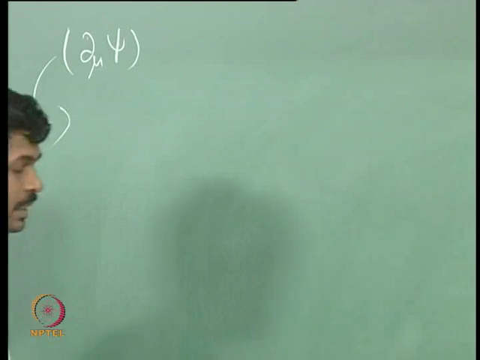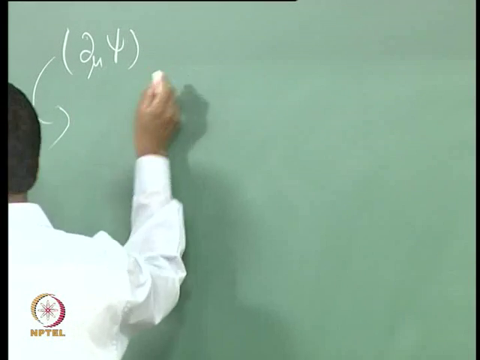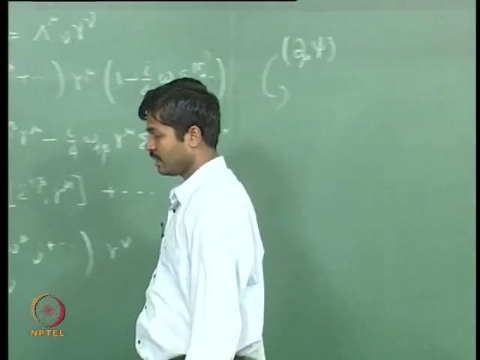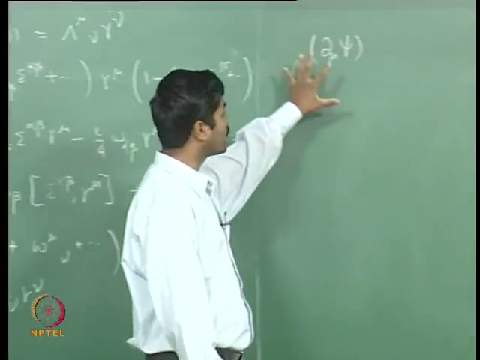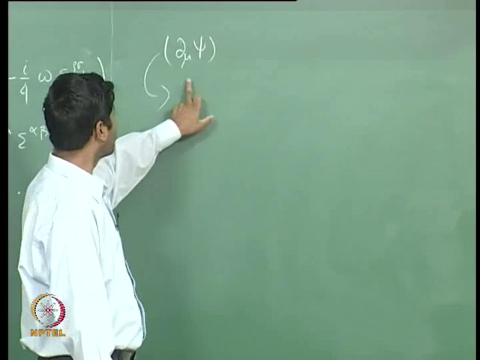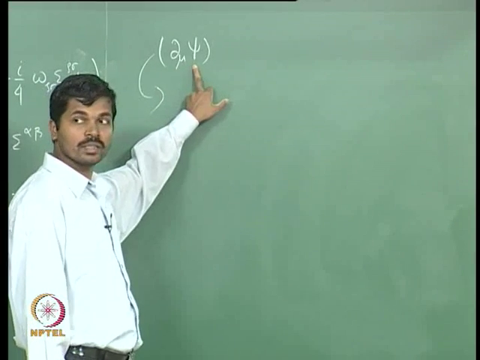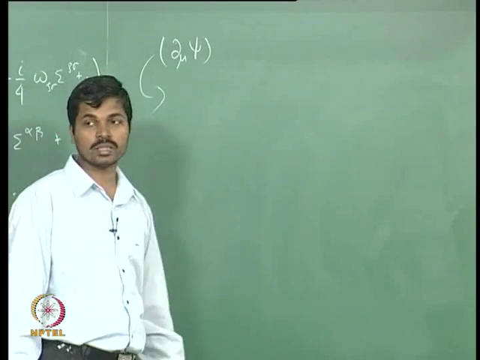For example, the energy has no lower bound and so on. However, luckily we have a Lagrangian density which is first order in del mu psi, which is Lorentz invariant.